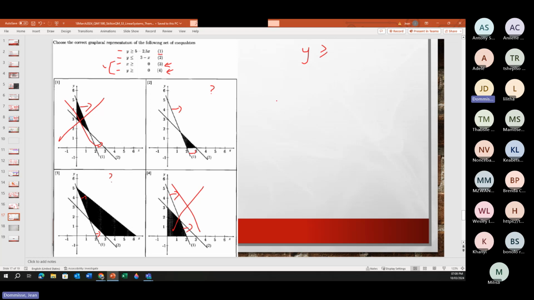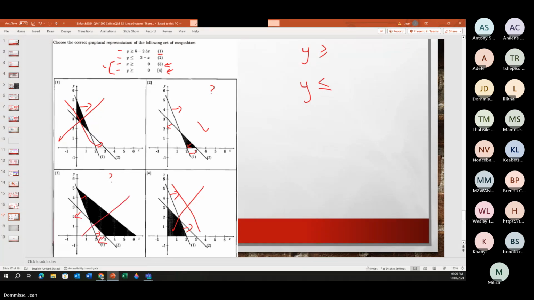So let's see then. The second one says smaller or equal to. So now we've got that one, smaller or equal to. That is still fine. So we're sitting with this one, smaller or equal to.